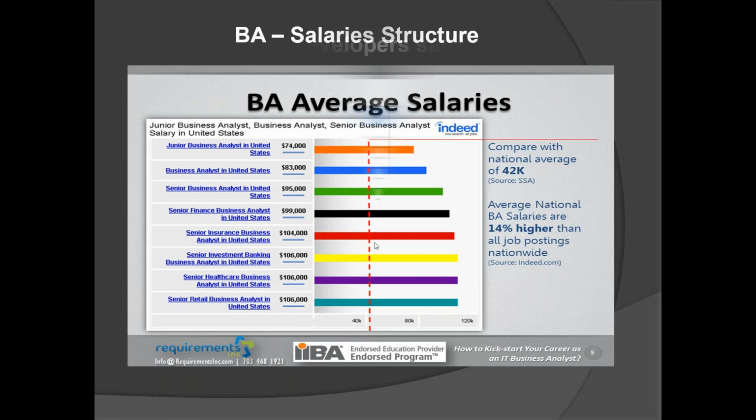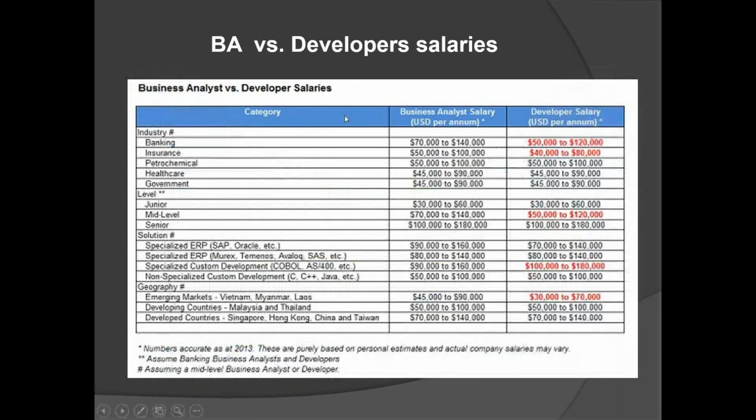Then if you compare BA salaries with developer salaries in different categories, banking wise, a BA will be getting 70,000 to $140,000 per annum, whereas a developer will be getting 50,000 to $120,000 per annum. In the same way, level wise, in mid level, BA will be getting 70,000 to $140,000 and a developer 50,000 to $120,000.